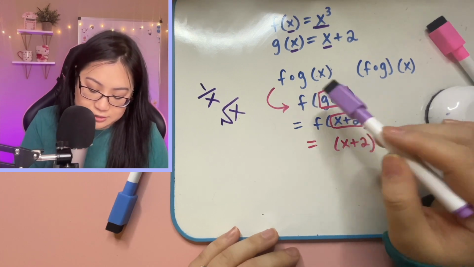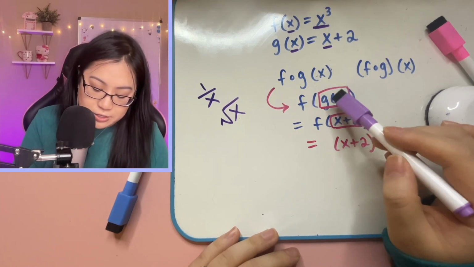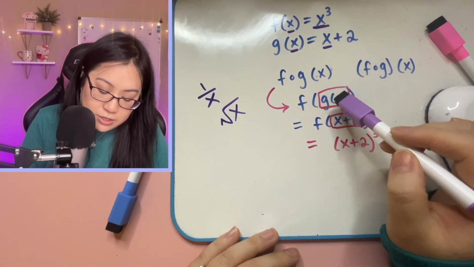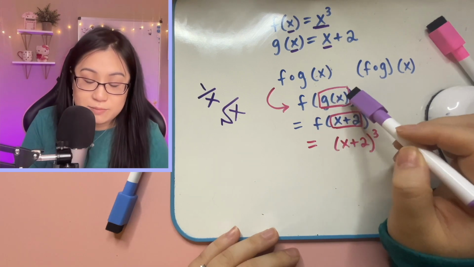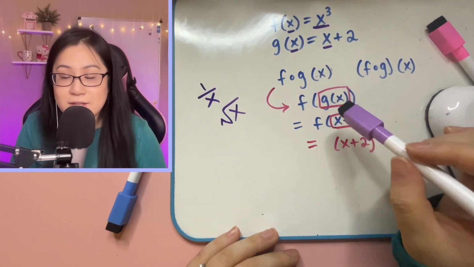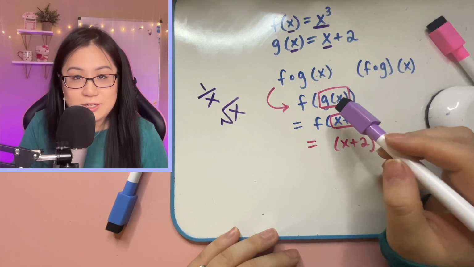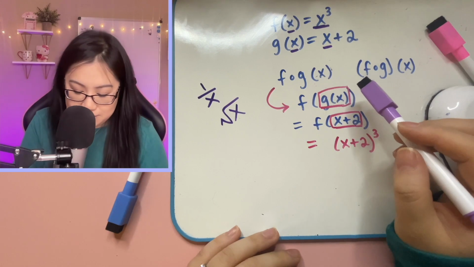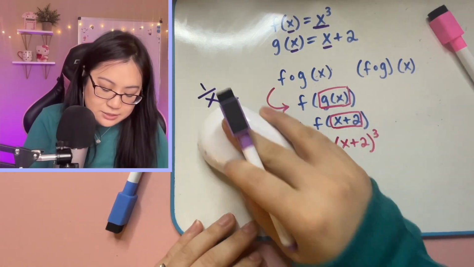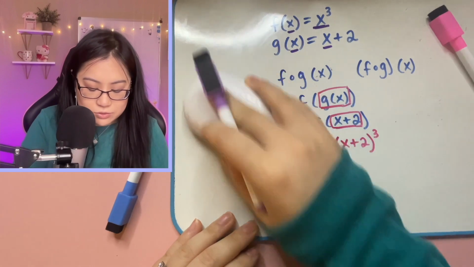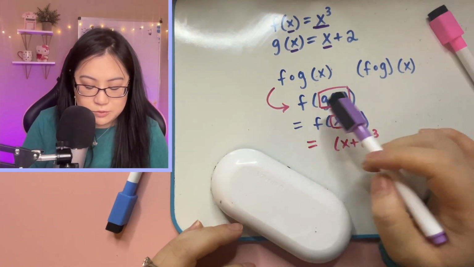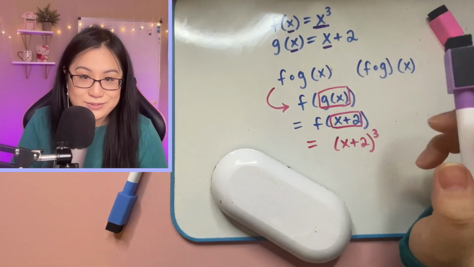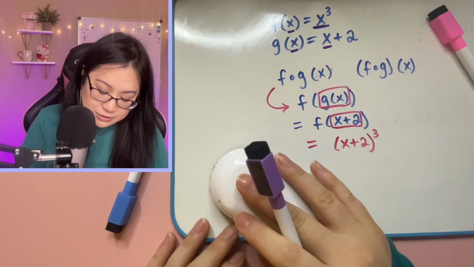When you chain it like this, or when you're doing composition, the possible outputs of g of x need to be within the domain, the allowable inputs, of f of x. And if that's not the case, then sometimes you need to limit g of x over a particular domain. I hope that makes sense. This is just so that we don't run into a situation where there's a possible output for g of x that is not allowed to be put into f of x, so to speak.